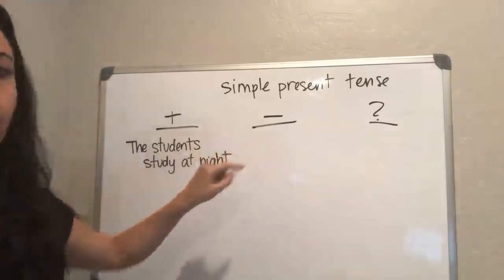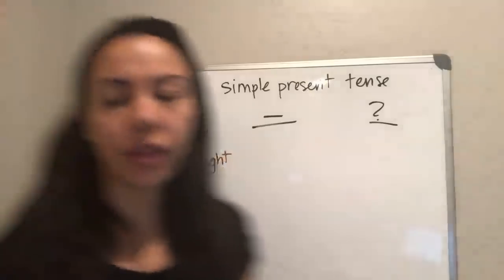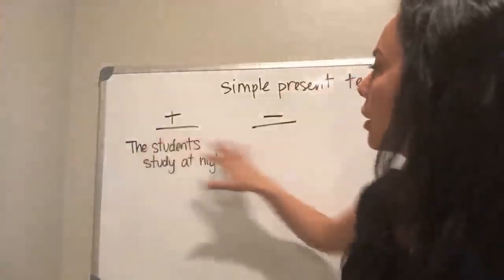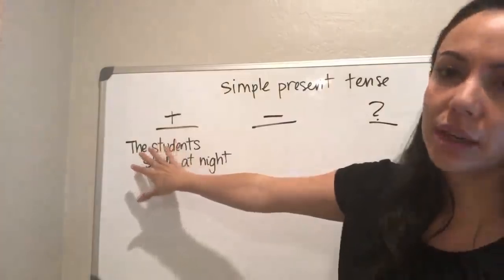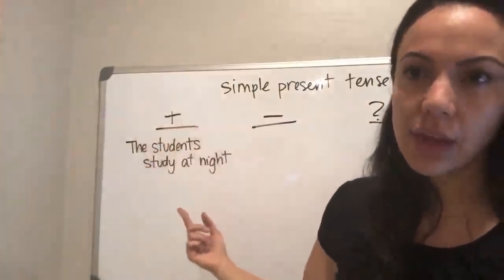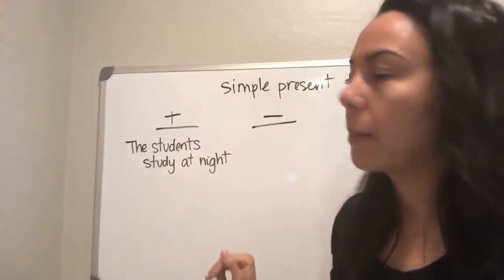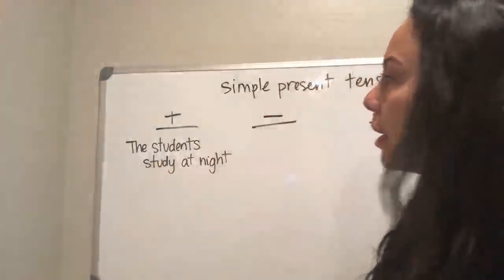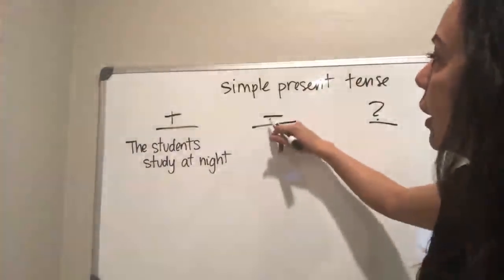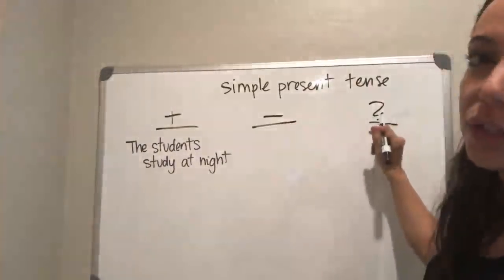What would the negative form of this be? You guys can write it in the comments. How would you write this in a negative and a question? So here's the positive affirmation sentence. This is the true statement. The students study at night. So go ahead and write in the comments the negative and the question.